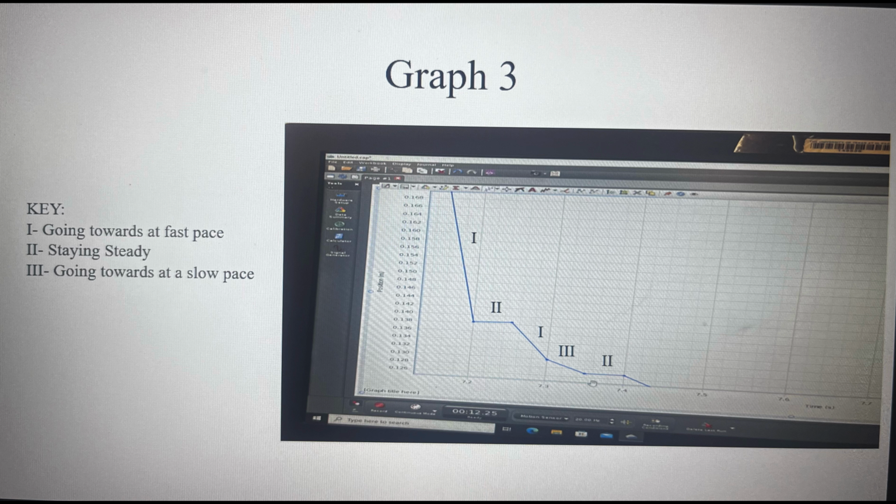Then we stay steady as the line is straight, and then we go down diagonally again at a fast pace. Then we have another line going down diagonally, but this one isn't as steep as the other line, which is why it is going towards the sensor at a slower pace. And then once again, we stay steady for the end of the graph.